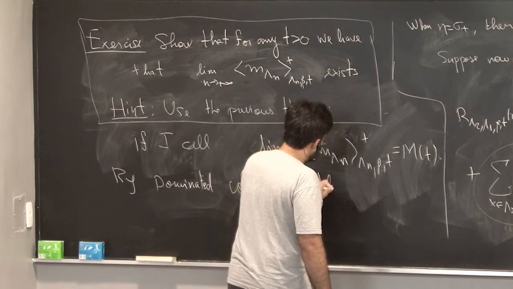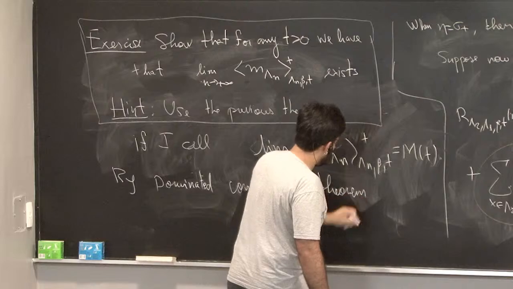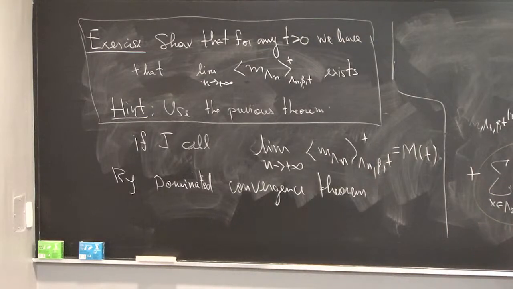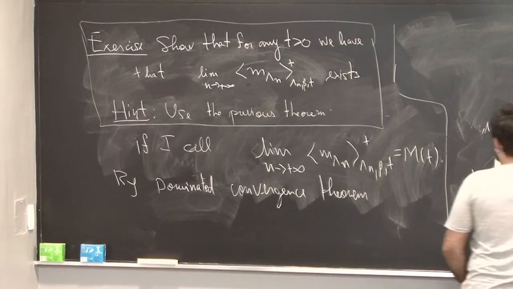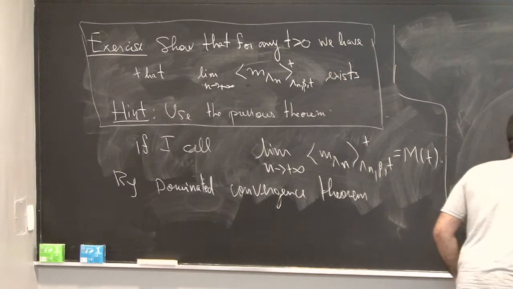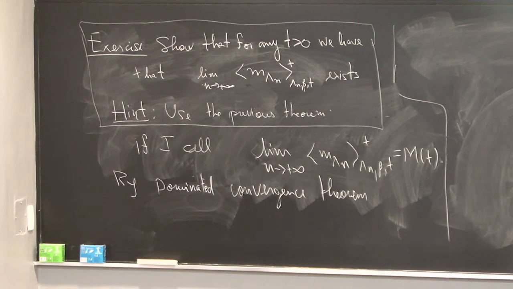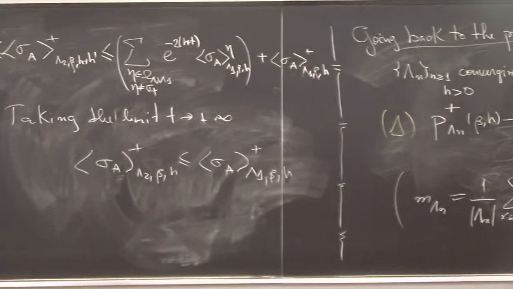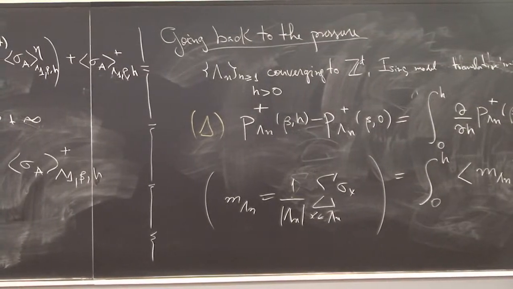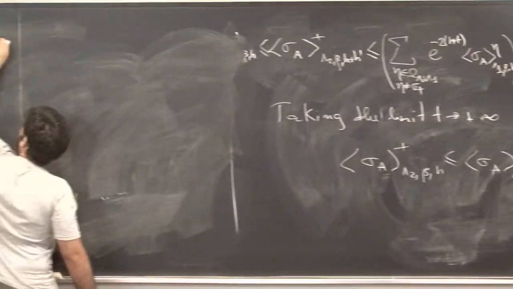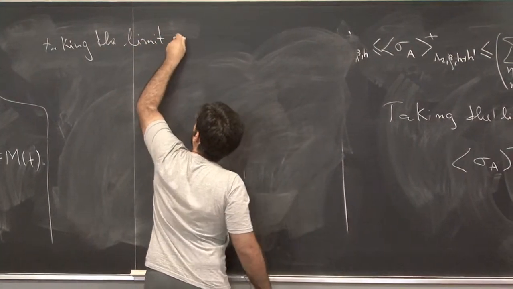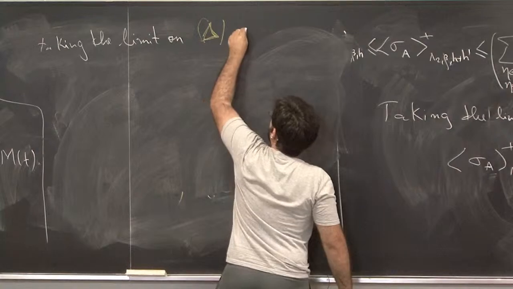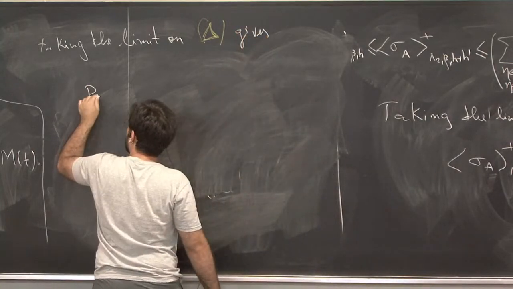What this implies is that taking the limit on both sides gives the following: the difference between the pressure.